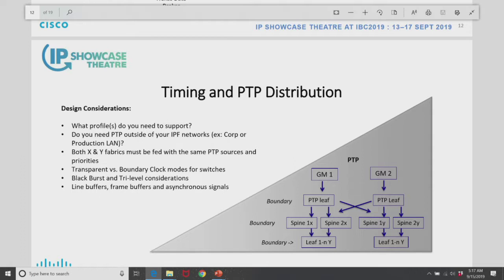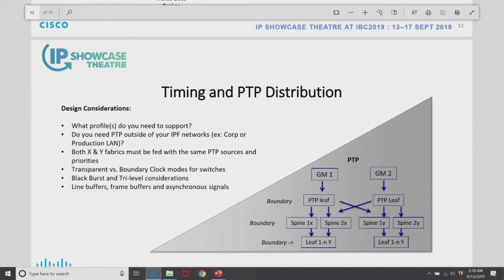Because under the current standard, if you have an endpoint that's connected to both X and Y, that endpoint, from what we've seen, doesn't like to see different grandmaster IDs. They expect to have the same grandmaster ID. So, hopefully it will change in the standard, but for now we had to use the same grandmaster for both fabrics and have them do the election themselves.